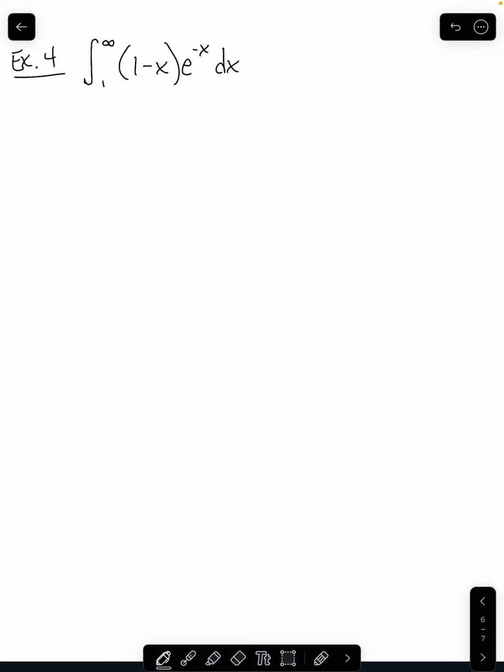First, as we've said before, we need to rewrite this by replacing the upper limit of integration with a variable. And then go through our 3 phases. The first phase being the antiderivative.